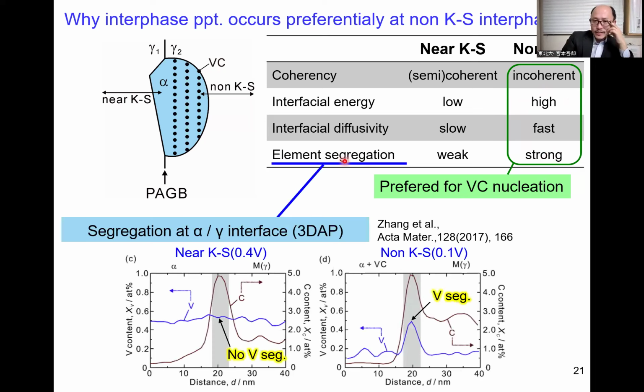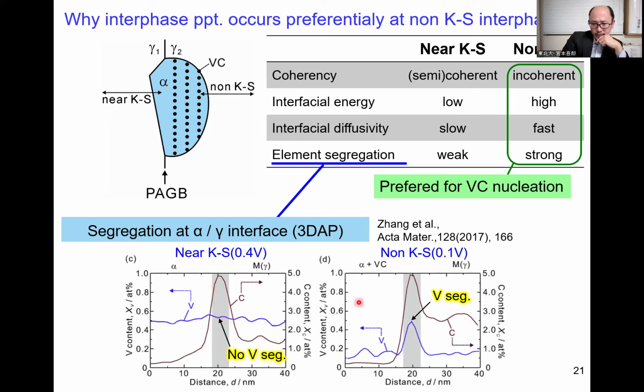And for the segregation, we confirm the difference between near K-S and non-K-S interface experimentally. So this is the measurement of vanadium and carbon at the near K-S interface. There is almost no vanadium segregation at the near K-S interface.